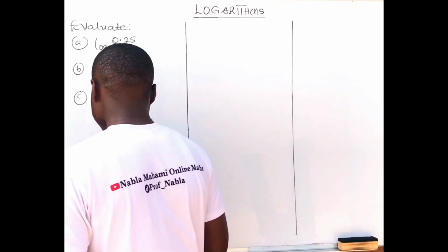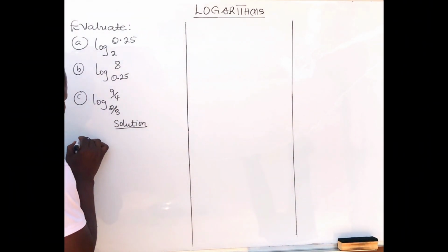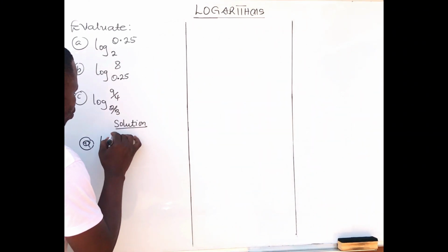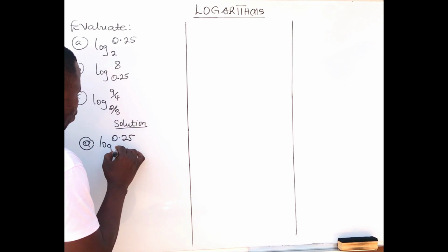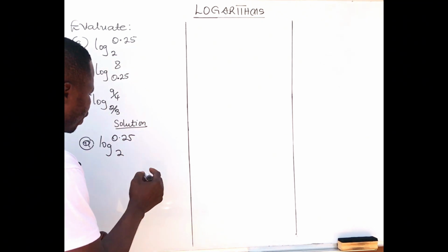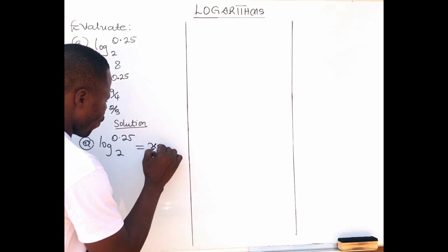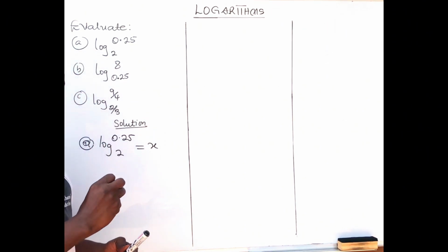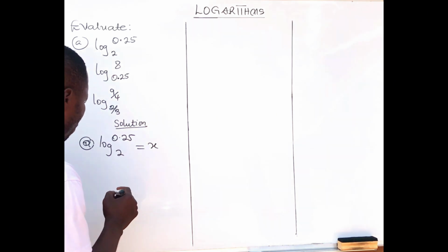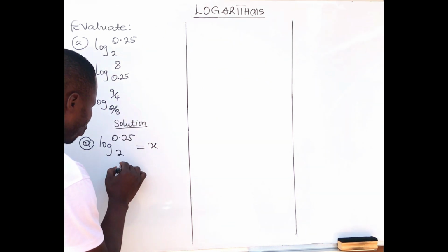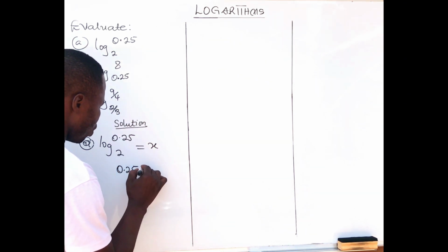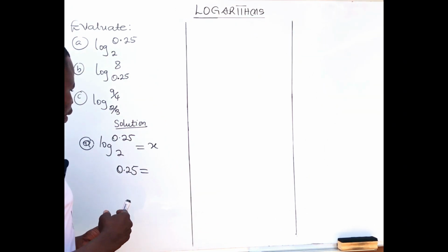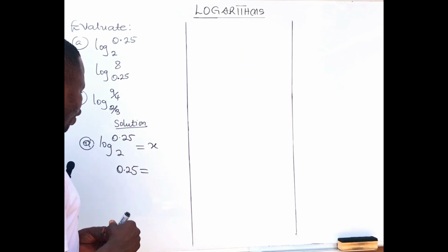That is, if I take A, which is log 0.25 base 2, then I have to equate it to a variable. I will now take this log away, and by taking the log away, 0.25 will come down, and this base 2 will switch to the right hand side, and x will now be the exponent of 2.